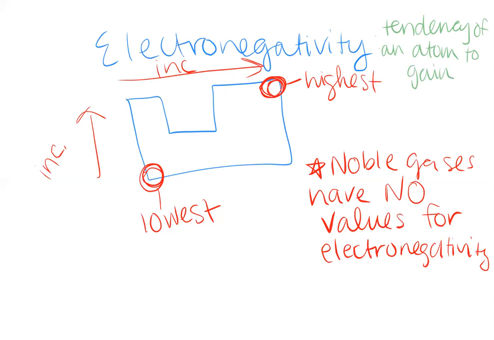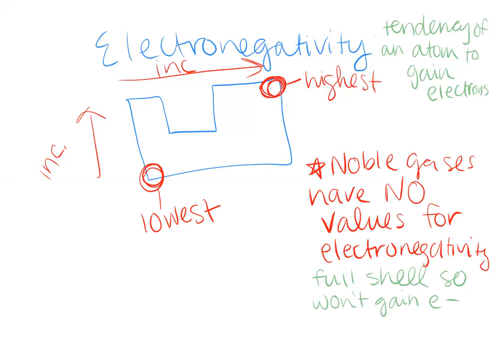Remember, the noble gases have a full shell, so they're not going to gain any electrons. They don't want any more. They have the perfect number. So therefore, they have no values here, whereas for ionization energy, they had the highest values. So those are a little different there. Just a reminder, the little e negative represents an electron.